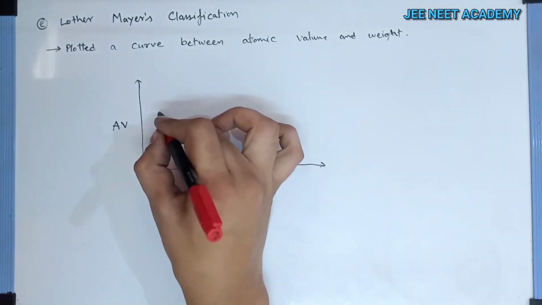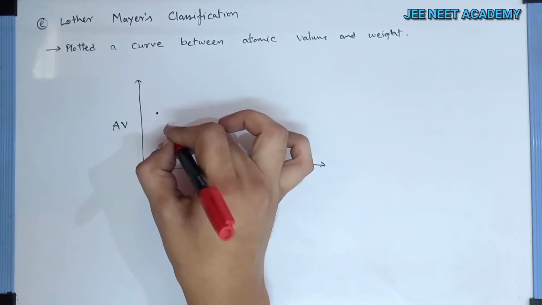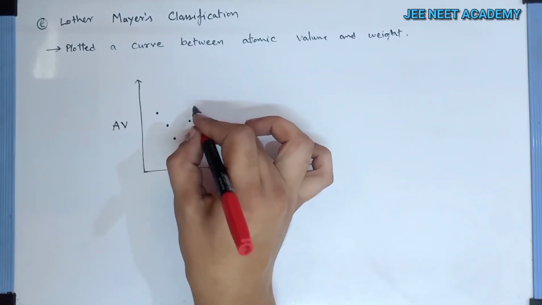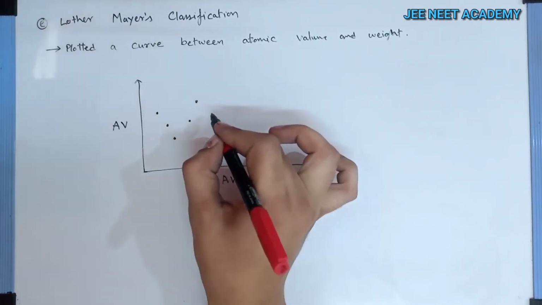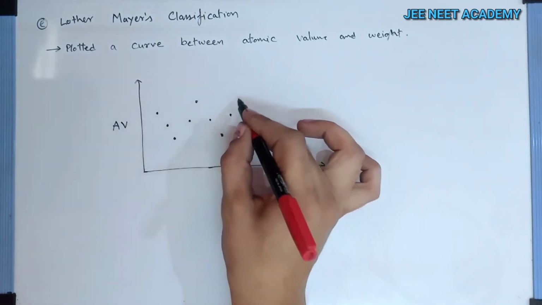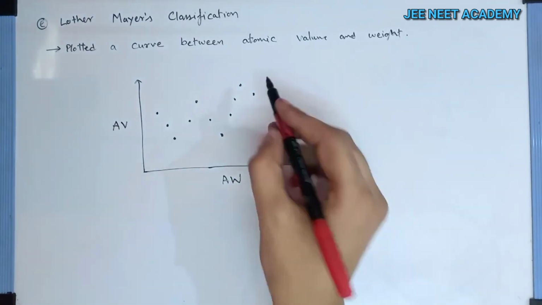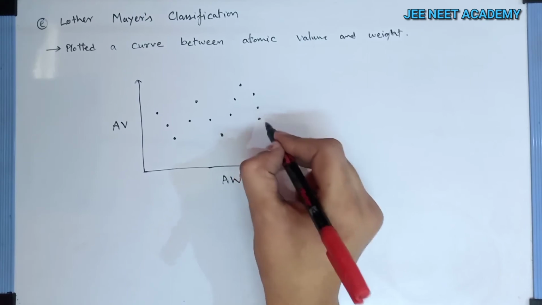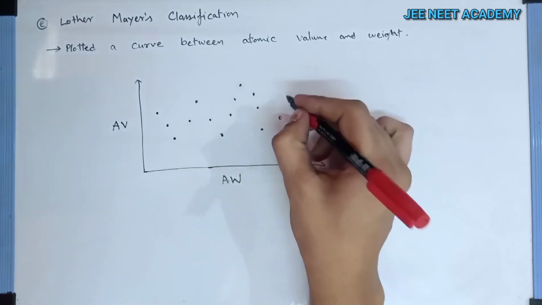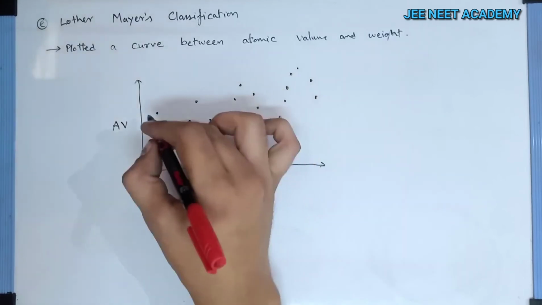So he plotted some points in this graph, and then connected these points.